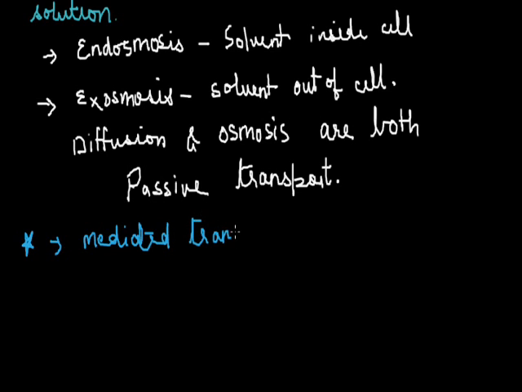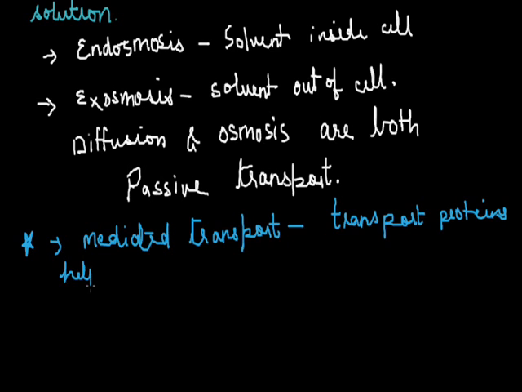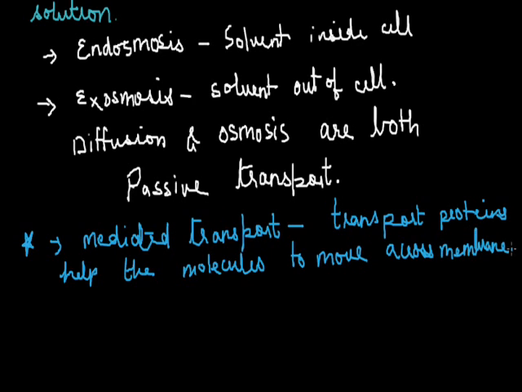With the help of certain proteins, molecules move across the plasma membrane. Permeases form a small passageway through the membrane, enabling the solute molecule to cross the phospholipid bilayer.